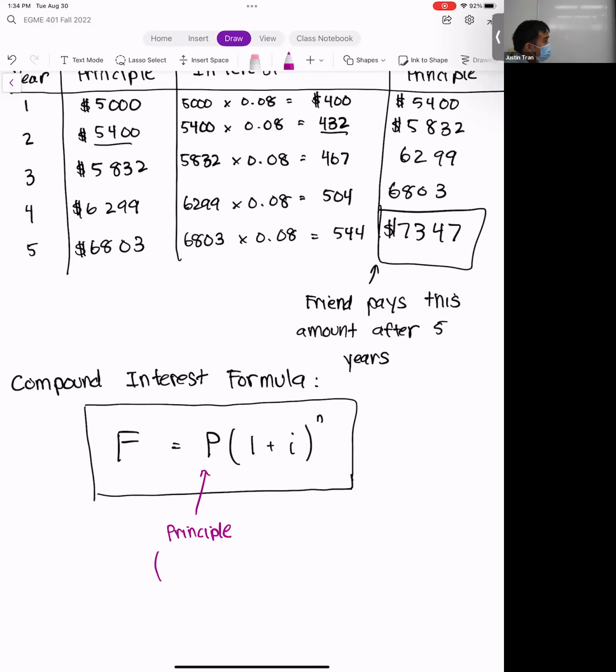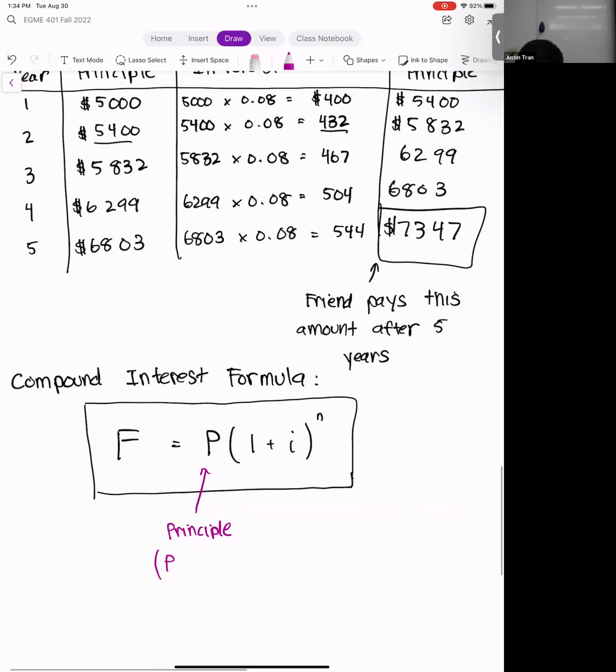Oftentimes we call it P, and the reason we give it the symbol P is that it represents a present sum of money, or money that you have in the present day. I'll be using that terminology quite a bit.